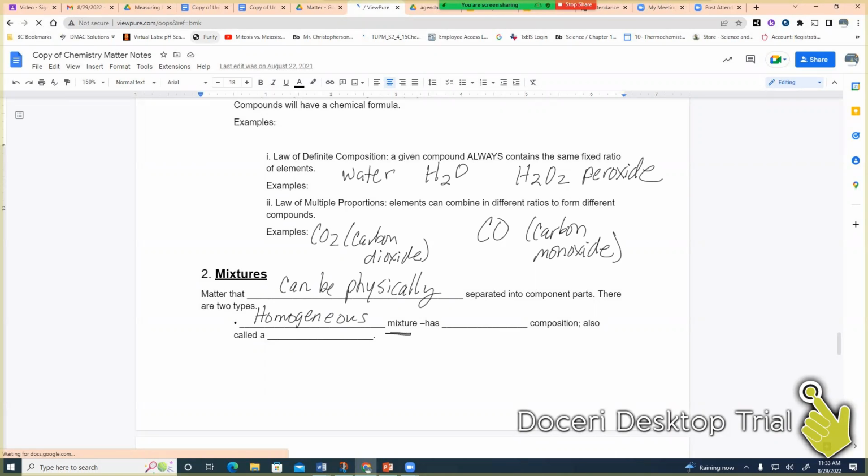A homogeneous mixture, not just homogeneous appearance like we talked about before, but an actual mixture, has uniform composition, and it's also called a solution. Homogeneous mixture and solution mean the same thing. We'll do a unit just on solutions.